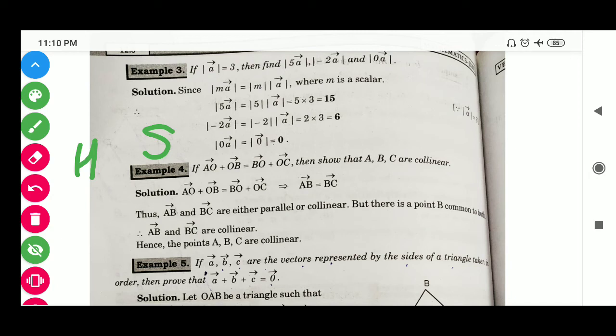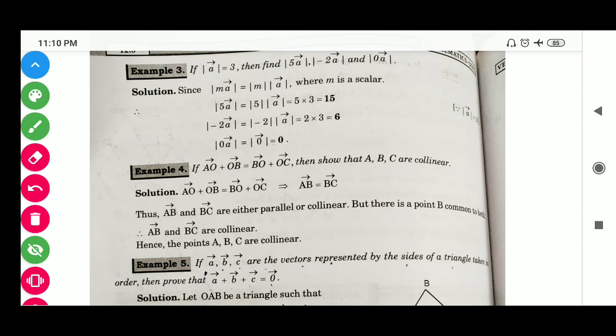Suppose you are going to your friend's house. So, in this way you add home to school, school to friend's house, and in the same way BO plus OC. You have to show that these points are collinear, that is, they must lie on the same path, on the same line.